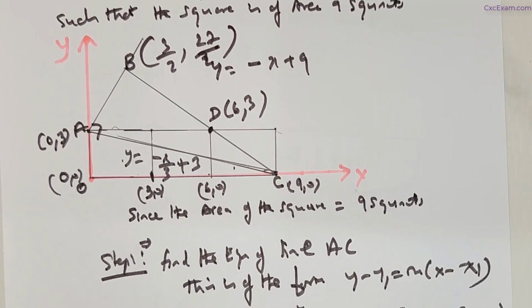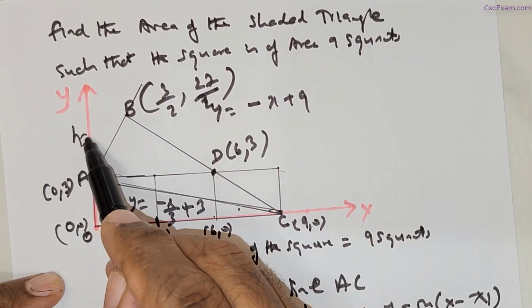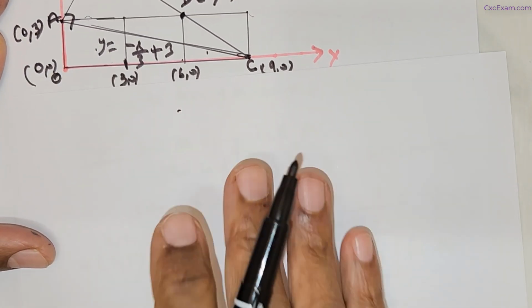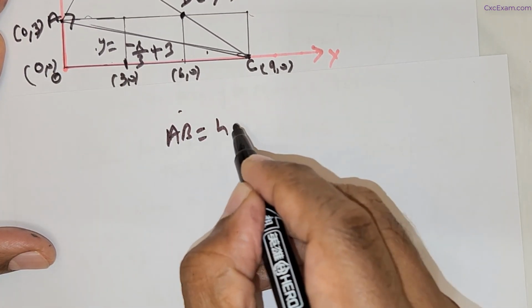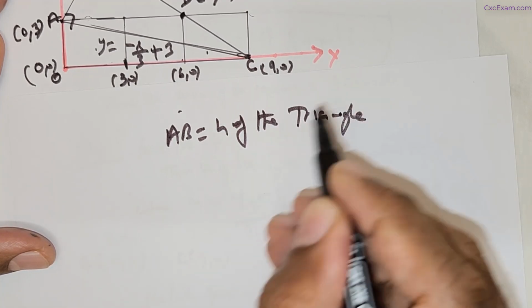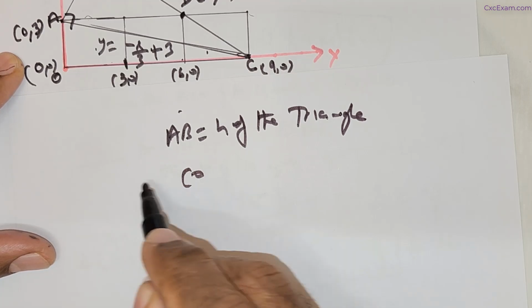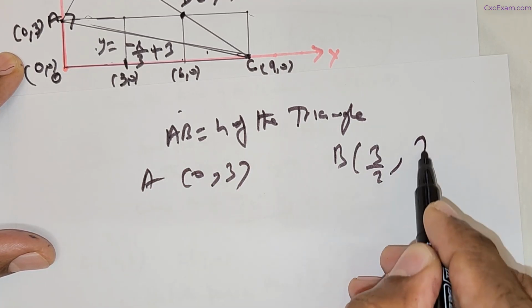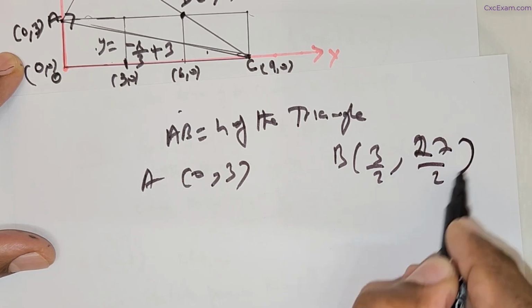Now, why did I do all this? Because I want to know the height here. So AB is the height, the height of the triangle. So A is 0 comma 3 and my B is 3 over 2, 27 over 2.